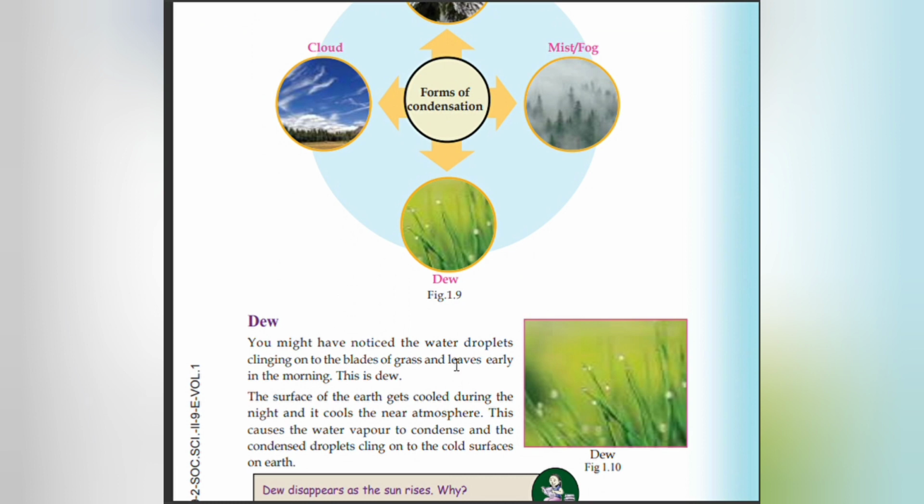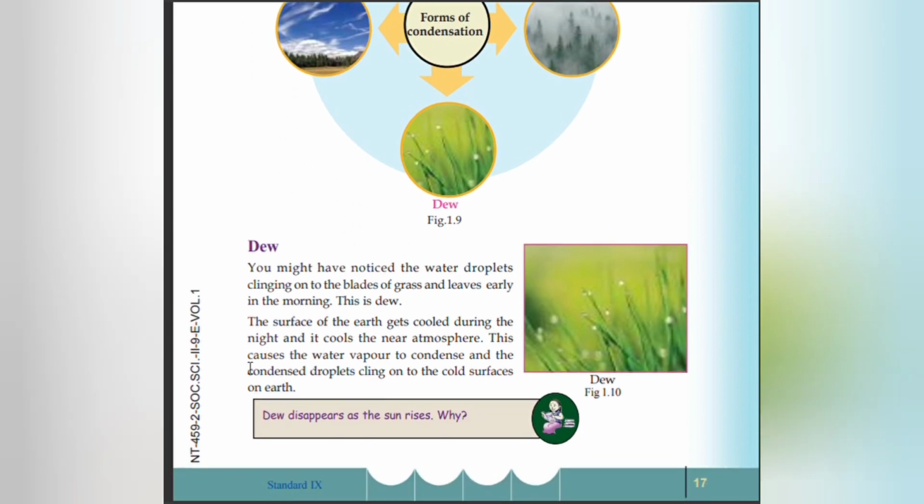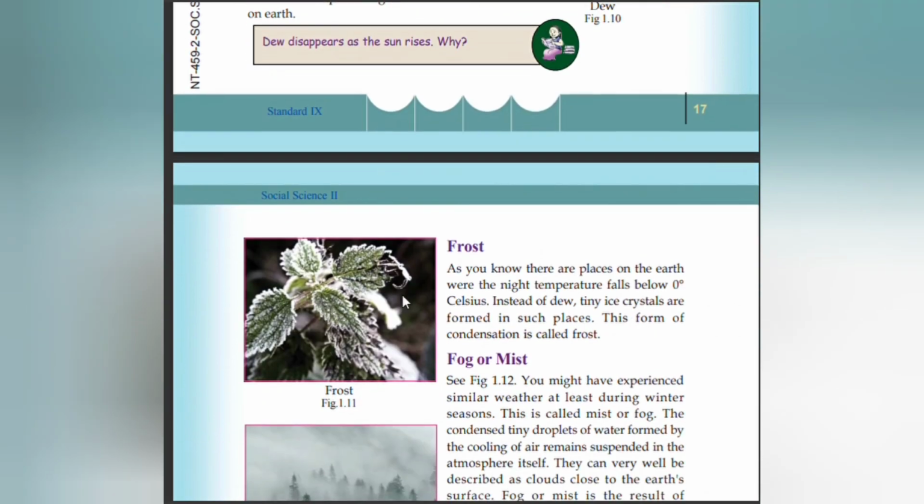You might have noticed water droplets clinging on the blades of grass and leaves early in the morning. This is dew. The surface of the earth gets cooled during the night and it cools the near atmosphere. This causes the water vapor to condense and the condensed droplets cling on the cold surface of the earth.